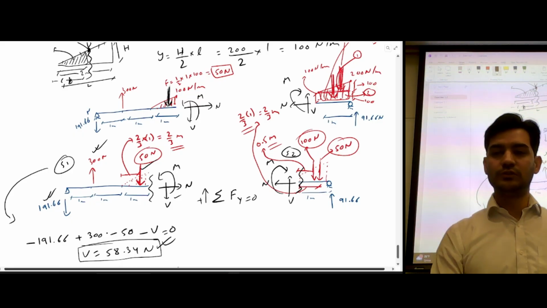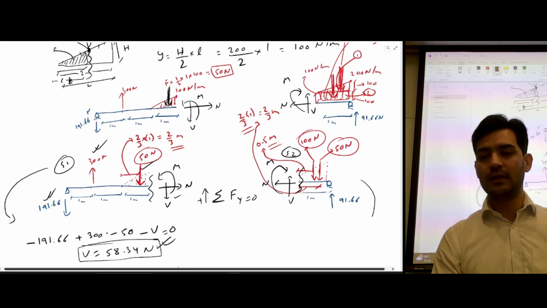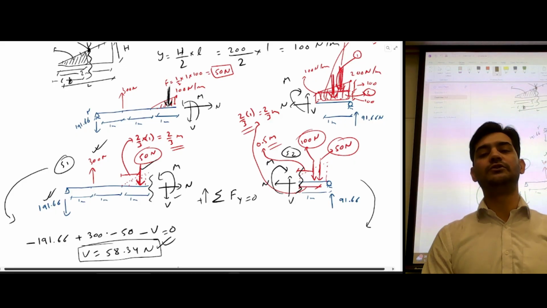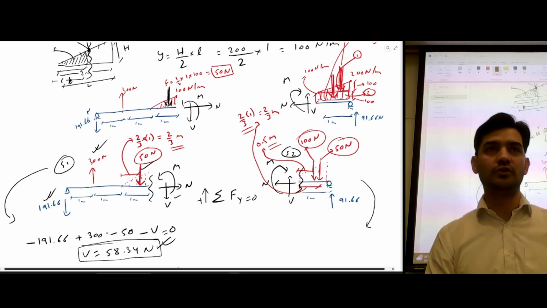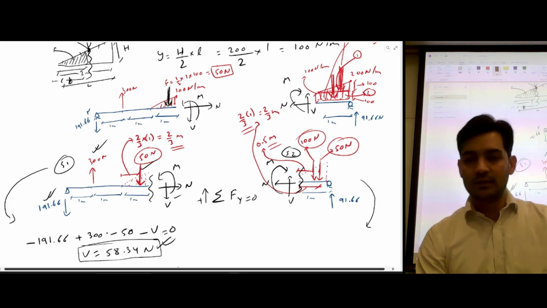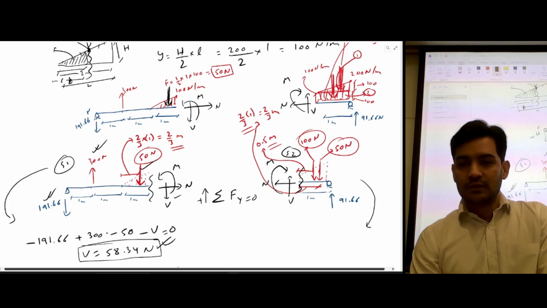We can also use the right section, and we can calculate the shear force using this section as well. But the result is going to be the same, we should get the same value. So we can try. This is the vertical force which is acting upward, so shear force in this case is positive.